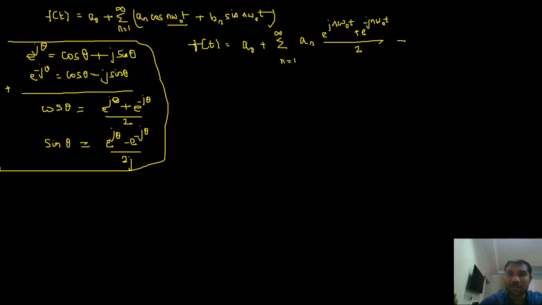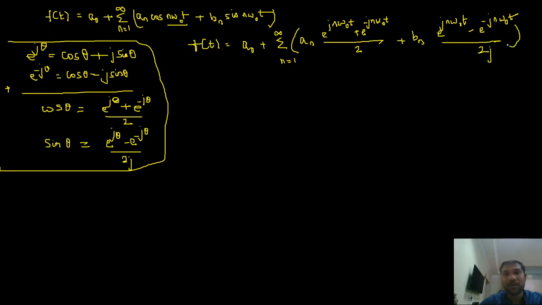And the same thing for bn. In place of sine, I can write (e^(jnω₀t) - e^(-jnω₀t))/2j.